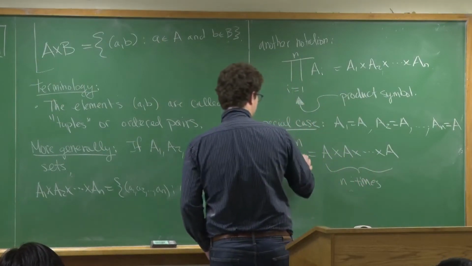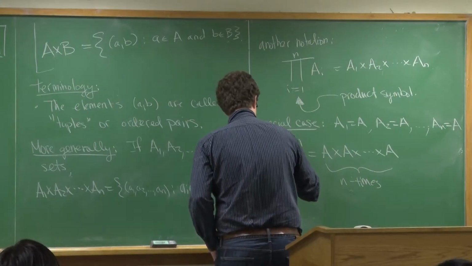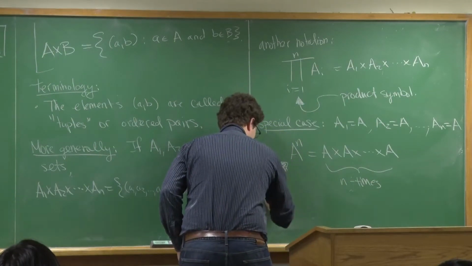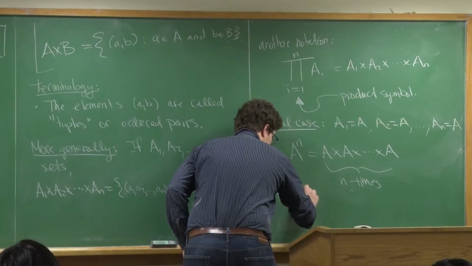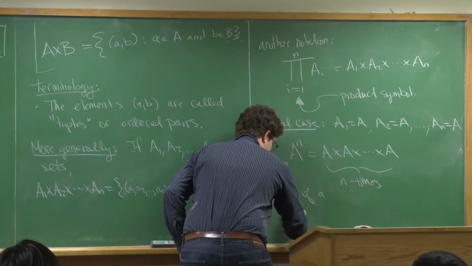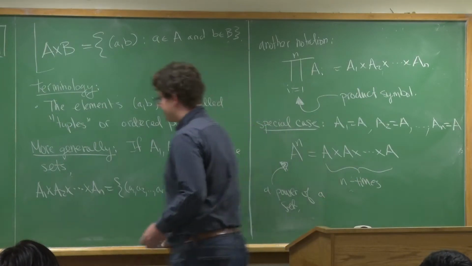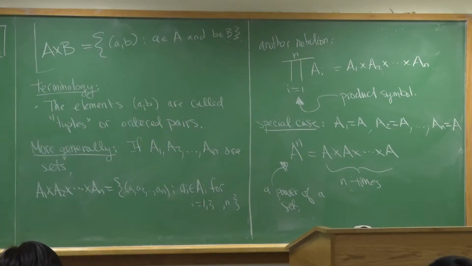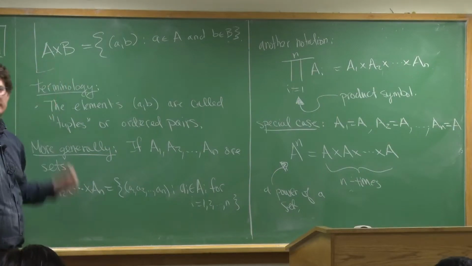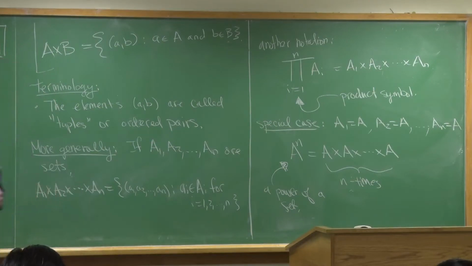Okay, so this is a power of a set. Sometimes when we write the cross symbol, instead of saying the product of A and B, I'll write A cross B. It has nothing to do with cross products or anything like that, it's just another thing.